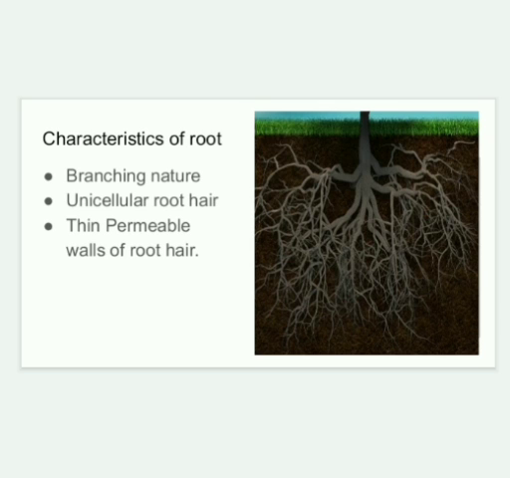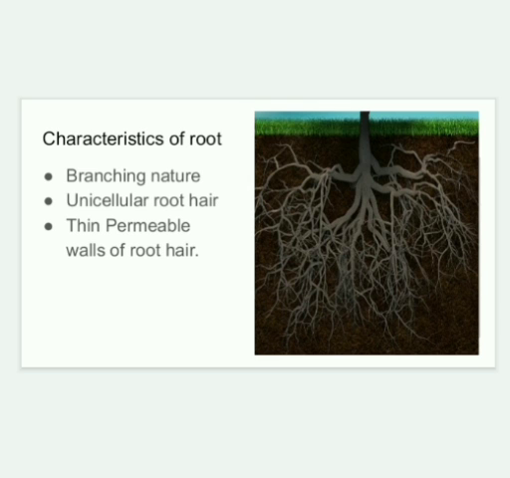And unicellular root hair. Root hairs are present at the tip of root. So this root hair is unicellular in nature. Only one cell is present inside the root hair, and it is very thin and lacks cuticle, providing a huge surface area for the absorption of water and minerals. And the third one is thin permeable walls of root hair.